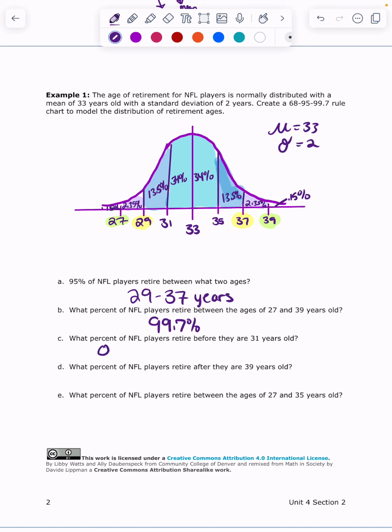That would be 0.15 plus 2.35 plus 13.5. I'm going to use my calculator and sum that up. And that is 16% retiring before they're 31 years old.